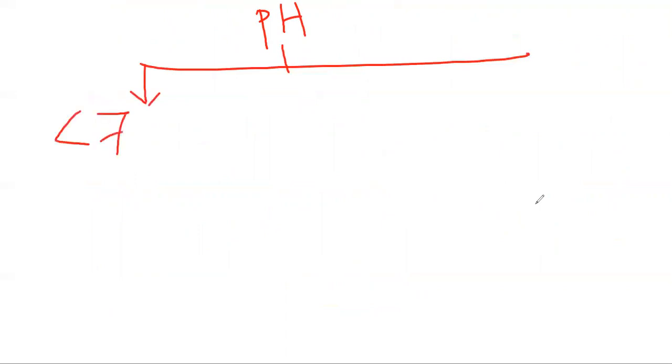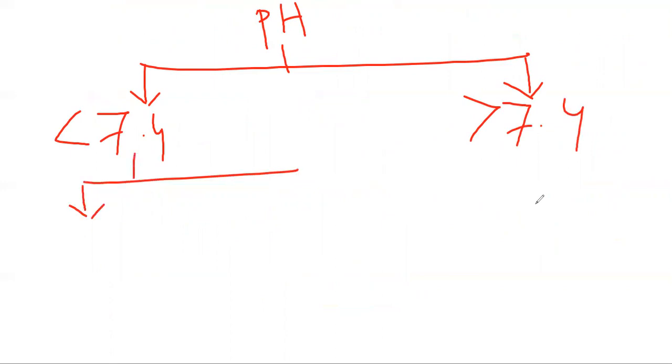pH can be either less than 7.4 or more than 7.4. Now you have to see the bicarbonate level. Bicarbonate is how much?